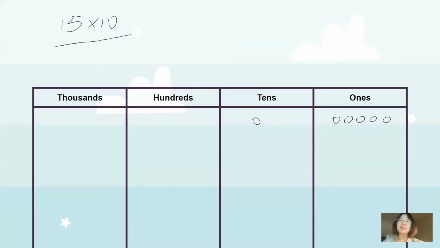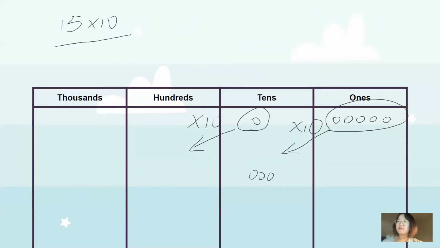Same as what we did before. Let's group this and move to the tens place by times 10. And also group this one, move to the hundreds place by times 10, because we need to show times 10 for each of our units. So we have 5 right here and 1 right here.